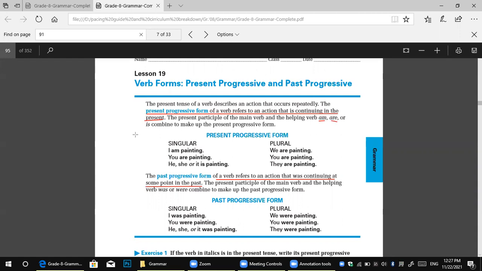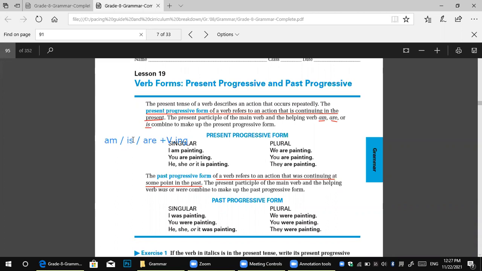The present progressive consists of am, is, are, plus the verb ing. So try to write here in this part: present progressive consists of am, is, are, plus verb ing.